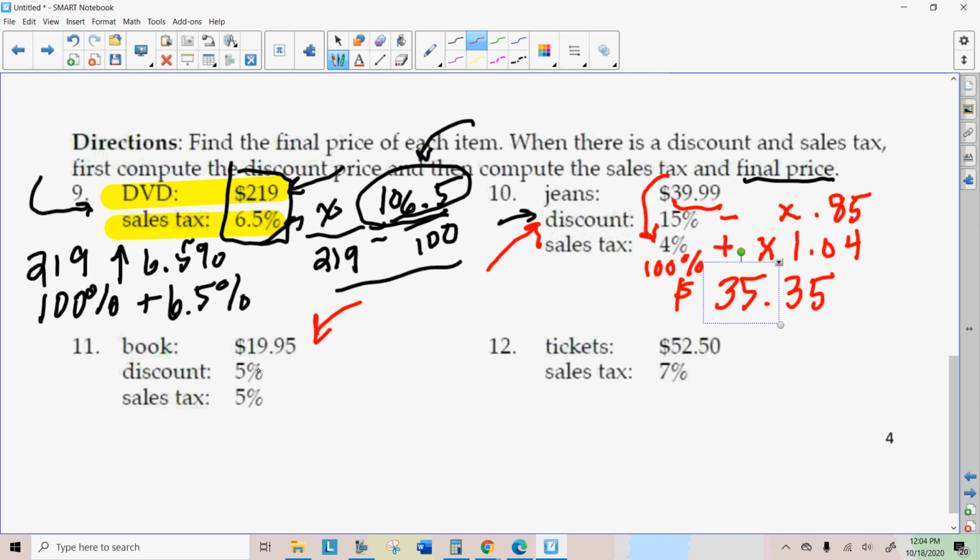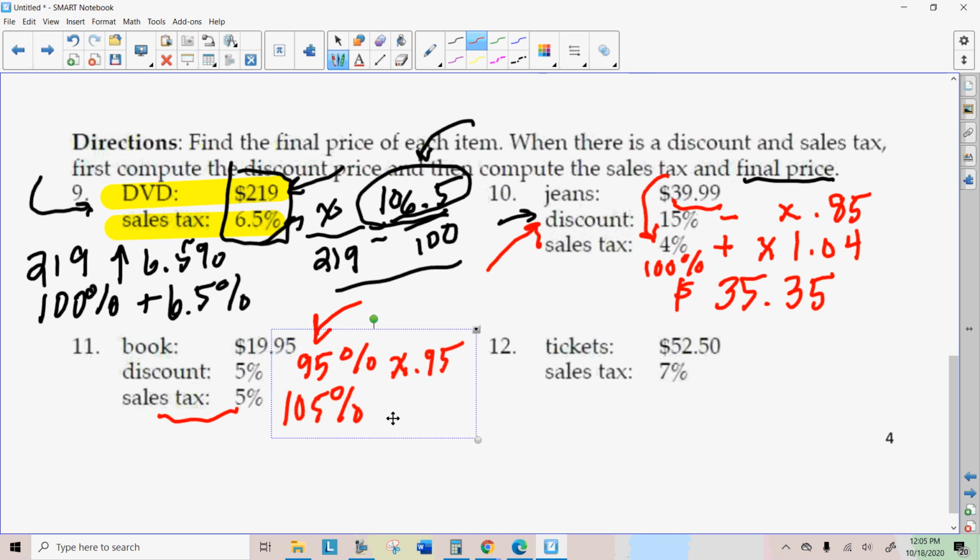So discounting 5%, so you want to think, oh, that means I'm paying 95% of the price because I'm taking 5% off. And then sales tax will be my 100% discounted price plus an extra 5% added on. So that's 105%. So my multipliers are 0.95 for a 5% discount and 1.05 for sales tax.